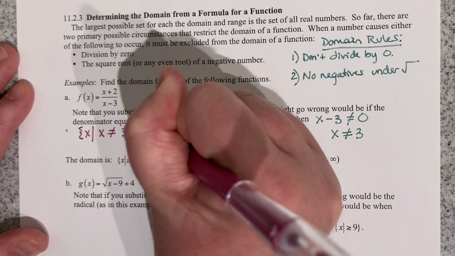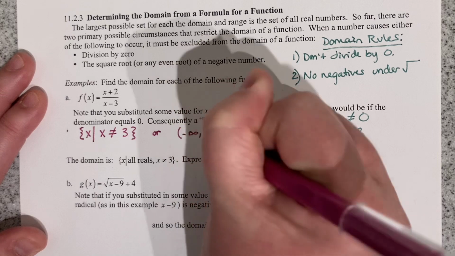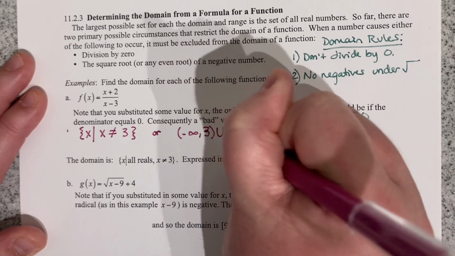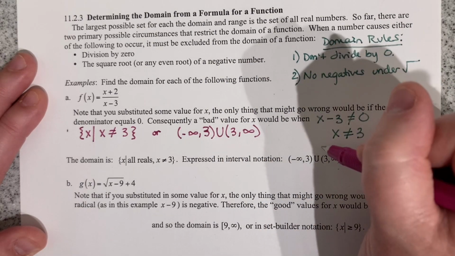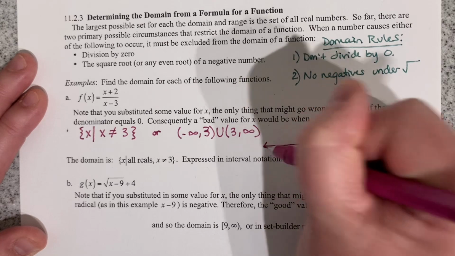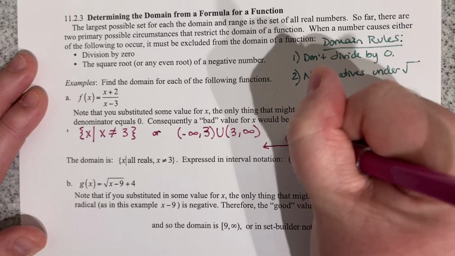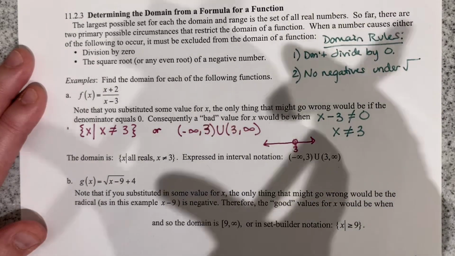If we were doing interval notation, it'd be negative infinity to 3, union 3 to infinity. And the way I usually visualize that is with a number line. Basically what we're doing is we're going over to 3 and plucking out that point, keeping an open circle there.